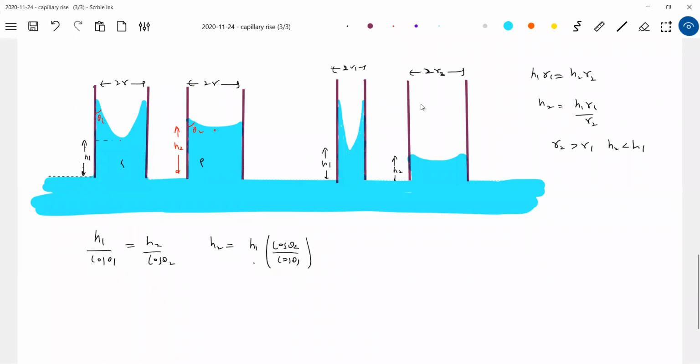That's what I took here. The angle of contact is 0 in both the cases. I'm unable to show that clearly here. So this water wets the capillary completely. So that's a basic condition.